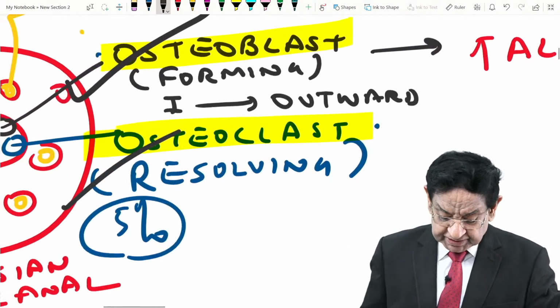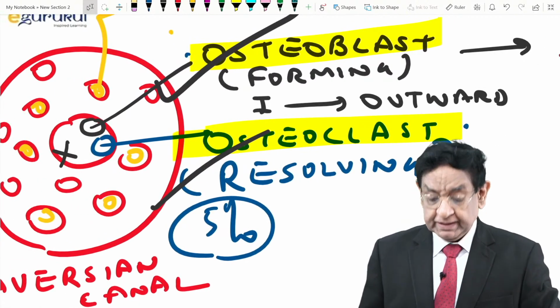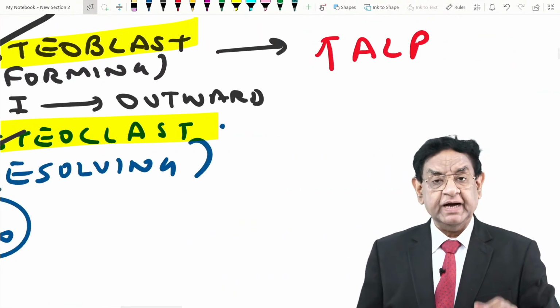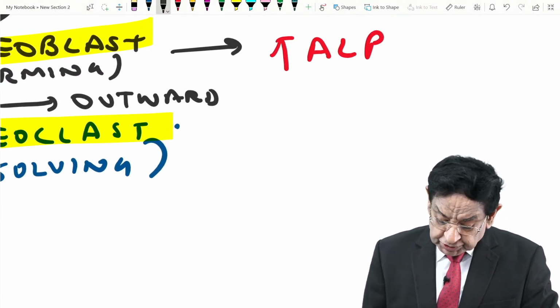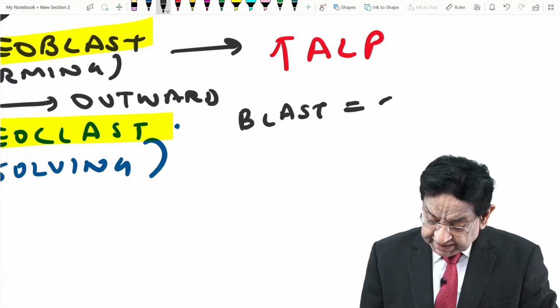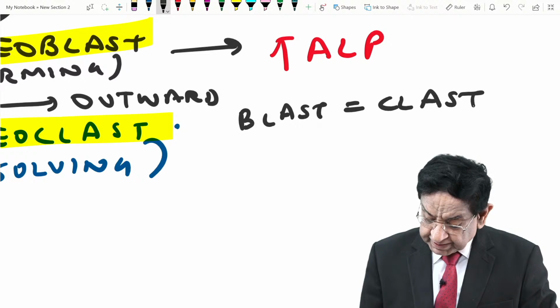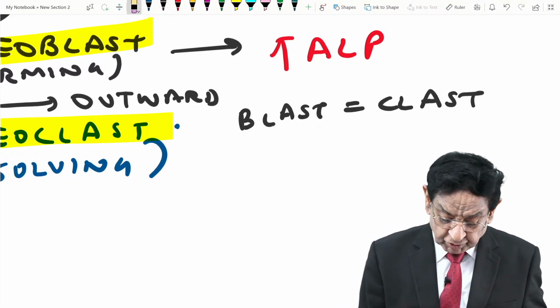With this background of histology, now we come to physiology. Normally, osteoblast and osteoclast activity are in parallel. Blast and class are in normal range, no problem.